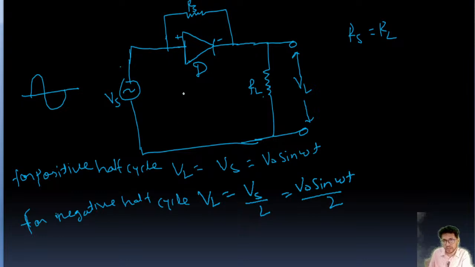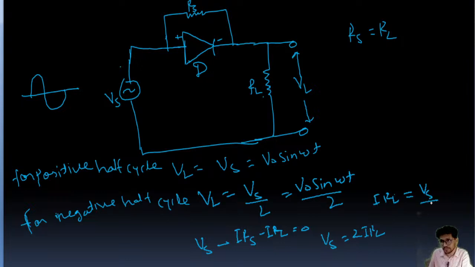Because we will take this loop. If we use KVL, this is going to be Vs minus IRs minus IRL equal to 0. So Vs equal to 2IRL, since Rs equal to RL. So IRL is going to be Vs by 2.